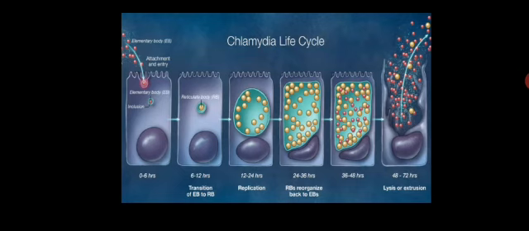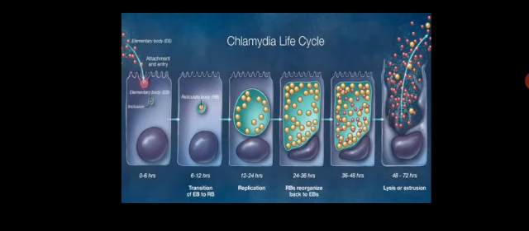And then this elementary body changes to a reticulate body at 6 to 12 hours, then 12 to 24 hours starts replication, and at 24 to 36 hours RBs reorganize back to EBs.